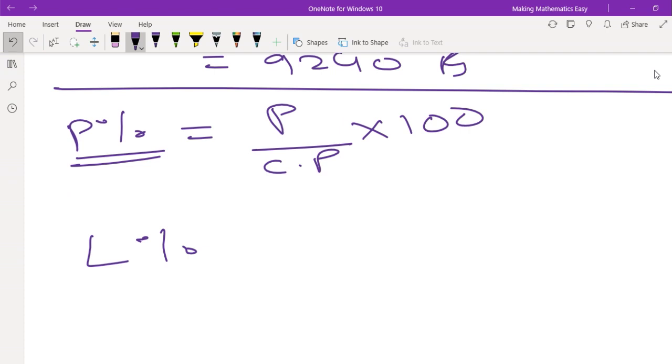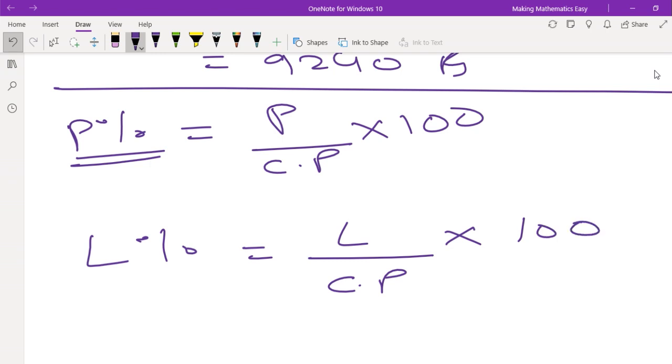If you have to find out the loss percentage, the formula is loss divided by cost price into 100. You will see one thing common in both equations, that is the cost price. The reason behind this is that if we have to find out profit or loss, we always compare it with the cost price. So that is the reason cost price is our base in both of these formulas. You need to find out profit percentage and loss percentage keeping cost price as the base.